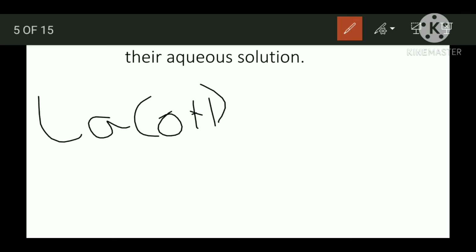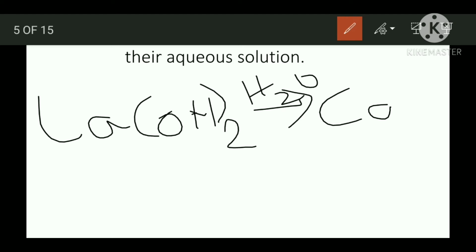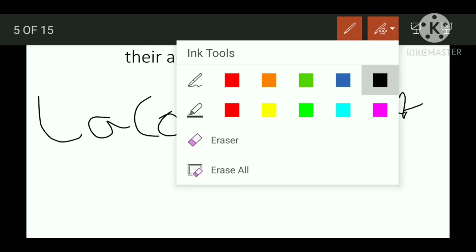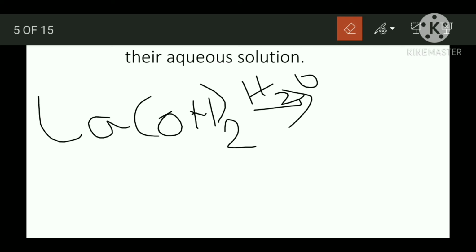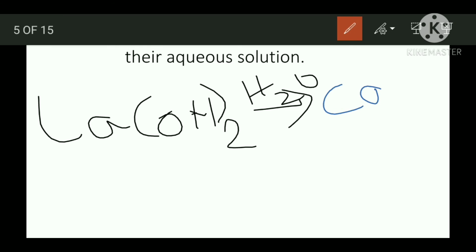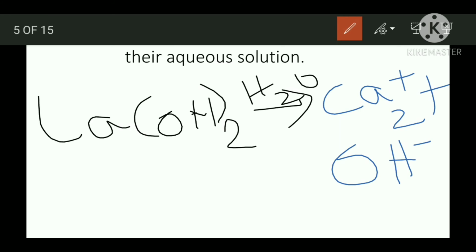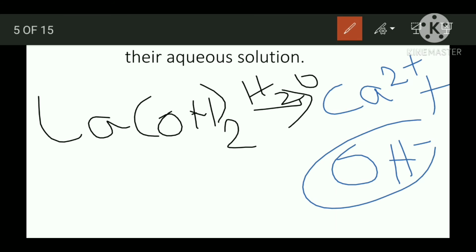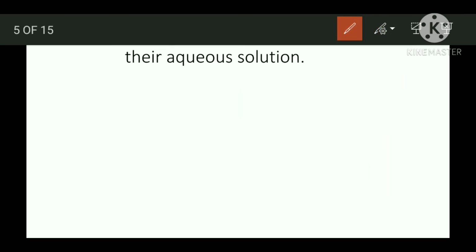By dissolving in water you get Ca2 plus and OH minus. That means this is also a base because it is also releasing OH minus ions in its aqueous solution.